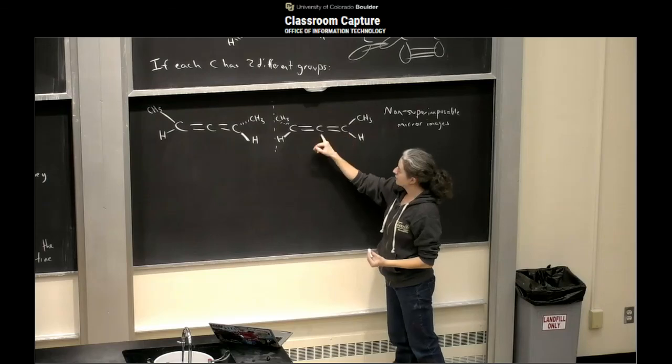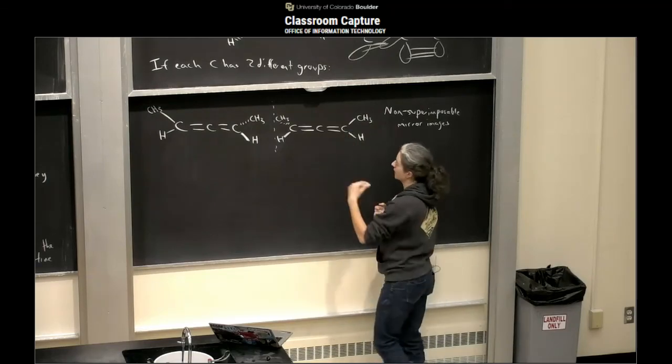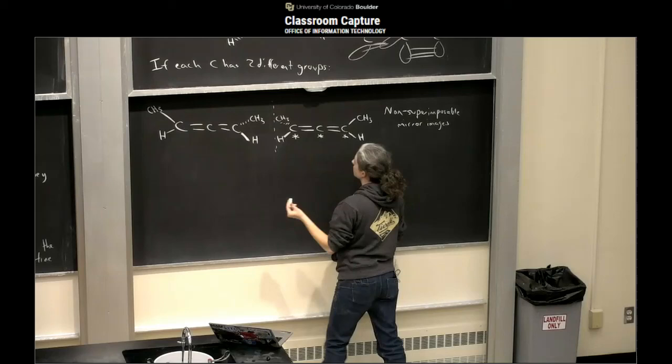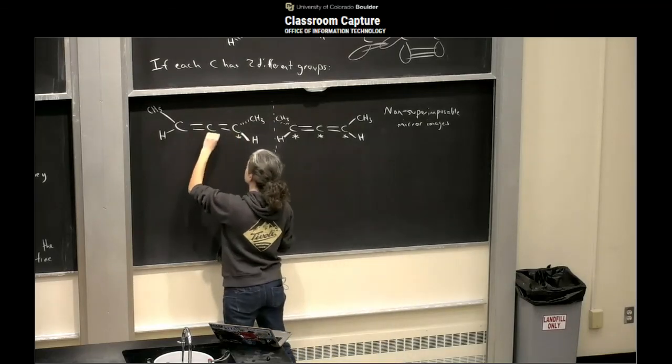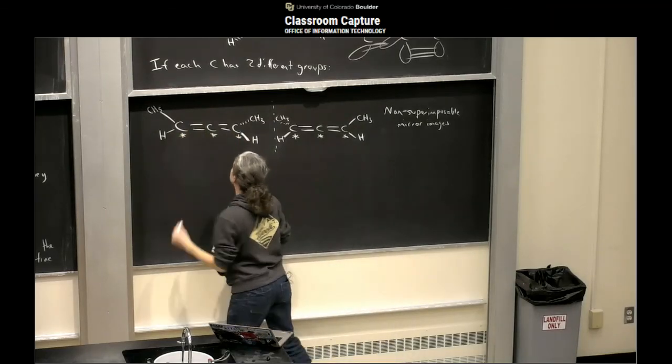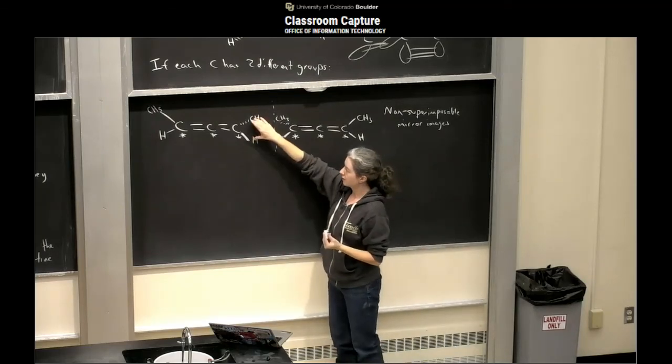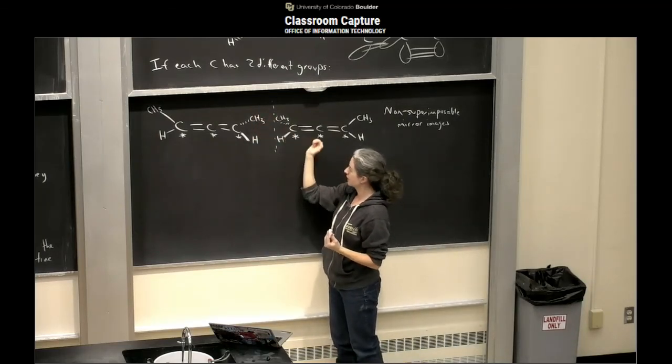And so each of the 3 carbons of the cumulated diene is a stereocenter. So you can build a model out of it, and then if you pop off these 2 groups and flip them, you get the other molecule.